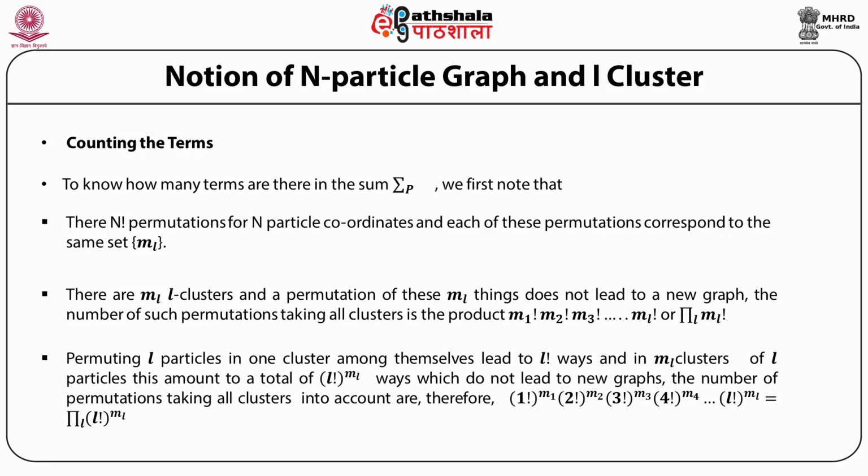Permuting all particles in one cluster among themselves leads to l factorial ways, and in ml clusters of l particles this amounts to a total of l factorial raised to power ml ways, which do not lead to new graphs. The number of permutations taking all clusters into account is therefore 1 factorial raised to power m1, 2 factorial raised to power m2, 3 factorial raised to power m3, and so on up to l factorial raised to power ml, which is nothing but a product over l of l factorial raised to power ml.